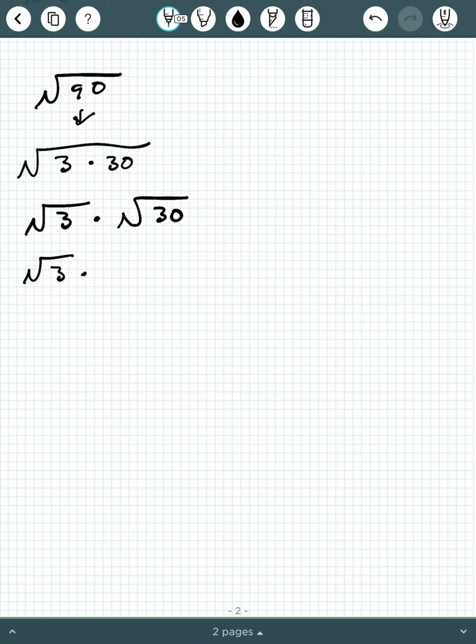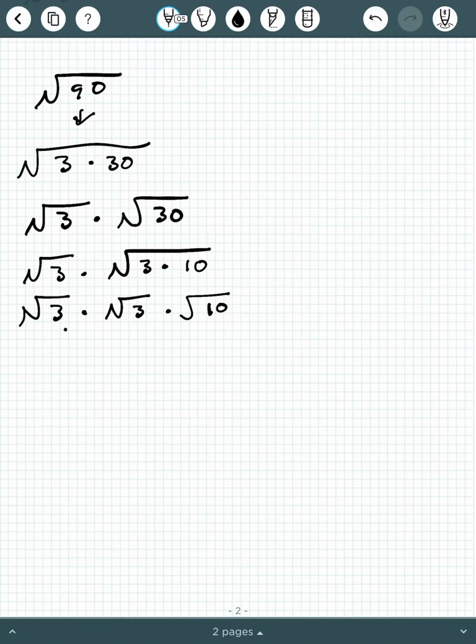The square root of 3 multiplied by the square root of, well, 30 could be viewed as 3 times 10, and we could separate it. Since I see the square root of 3 times the square root of 3, I can do that math and call it the square root of 9, which has a true square root that's a nice whole number of 3.